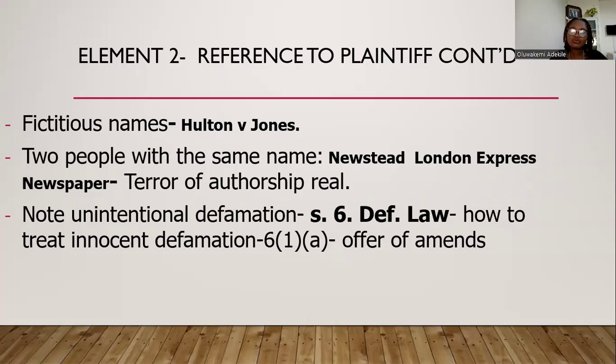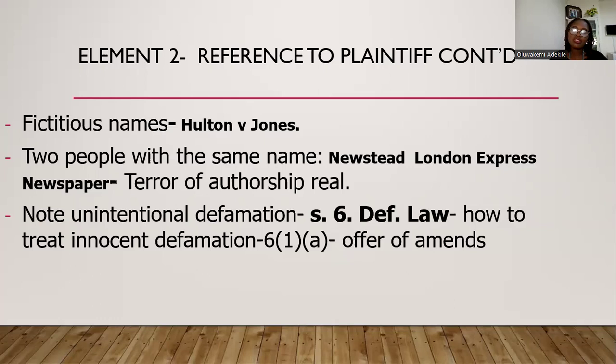So these are some of the situations where issues about reference to the plaintiff may be raised in an exam. The question may relate to somebody using a fictitious name or two people with the same name. And in that case also, that plaintiff will have a cause of action.